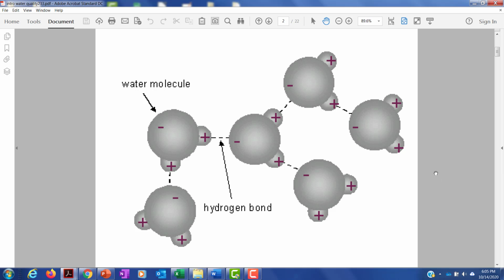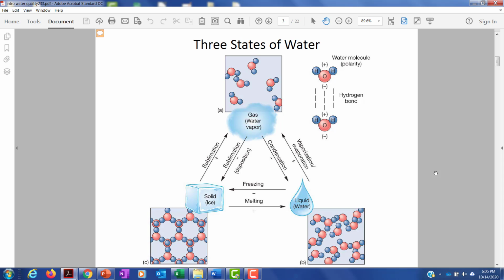And that gives water a lot of its properties. For one thing, it takes a lot of energy to go from liquid to vapor because you are breaking apart that bond. And it causes that process to either consume or release a great deal of energy.